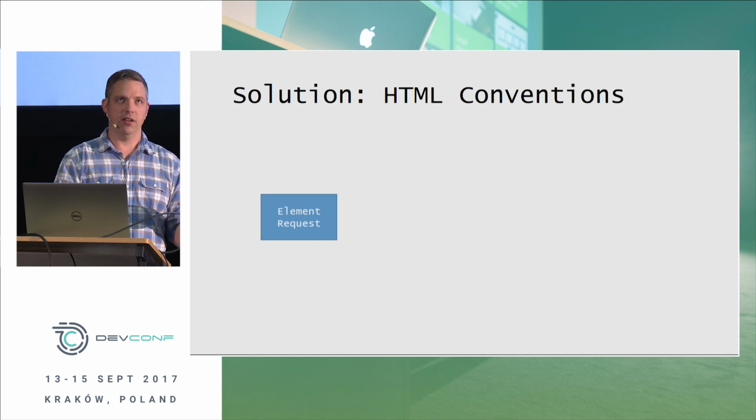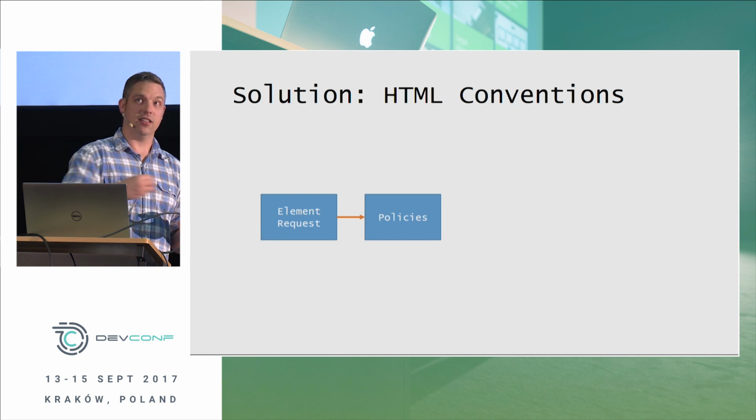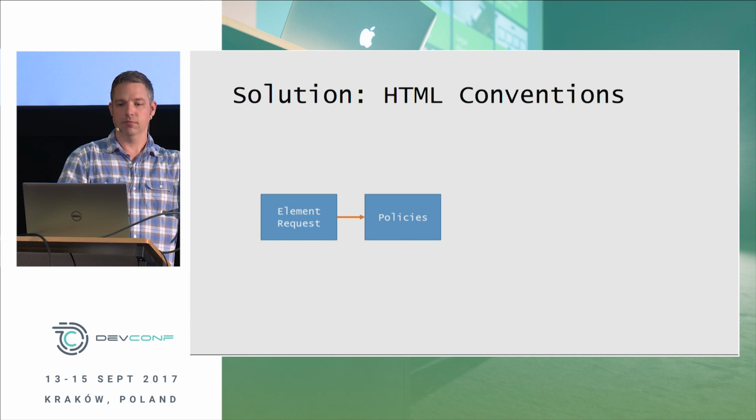That request gathers up all of the metadata information it can find, like what's the property name? What is the property type of that one? Are there any attributes or annotations defined on that individual property? It gathers all that kind of metadata information together and passes it through a set of policies that say, based on this metadata information, how should I build the final HTML?